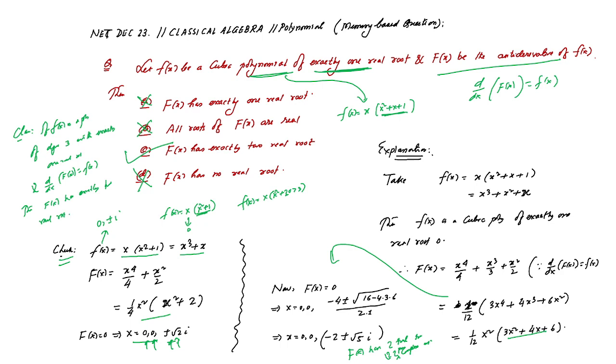That you need to establish. You can prove it. This is your self-exercise. With the help of a simple trick, a simple example, we can strike out the three options. So obviously the remaining option will be correct. So thank you so much.